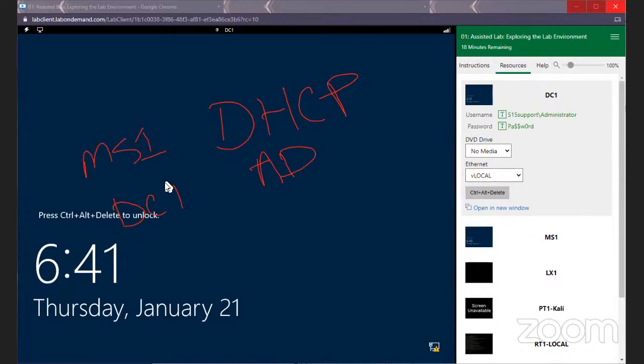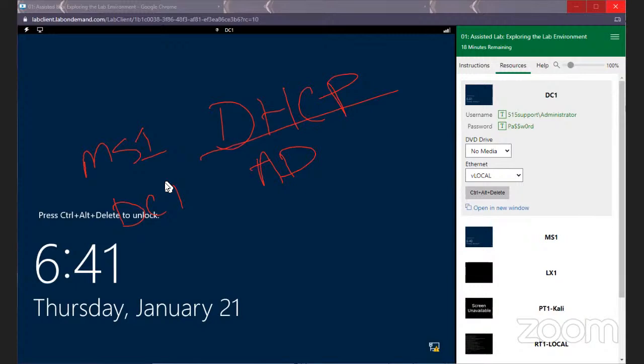So these are two services right here. Remember I said MS1 has a few other services, which we won't really dive too much into for the sake of time. But our two main services that we want to talk about, because they're important, are DHCP and AD.